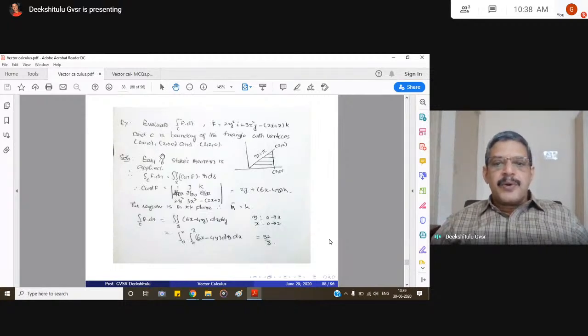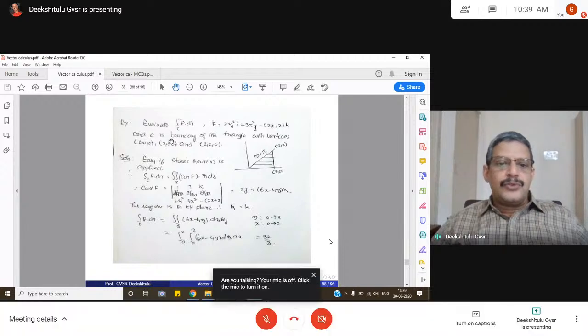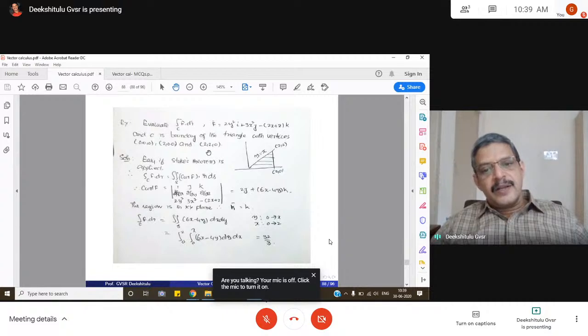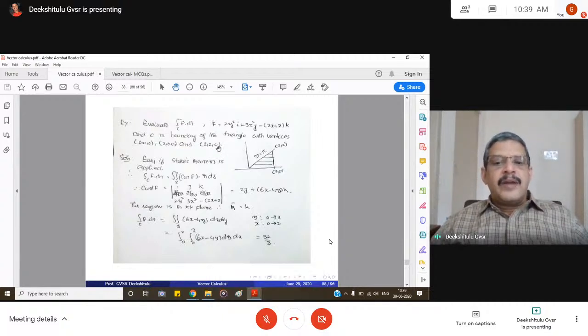If you observe the points here, 0, 0, 0, the z component is 0, 2, 0, 0, the z component is 0, here also z is 0. That means the points are considered in the xy plane. When you neglect z, the points are 0, 0, 2, 0 and 2, 2. It's a triangular region like this.